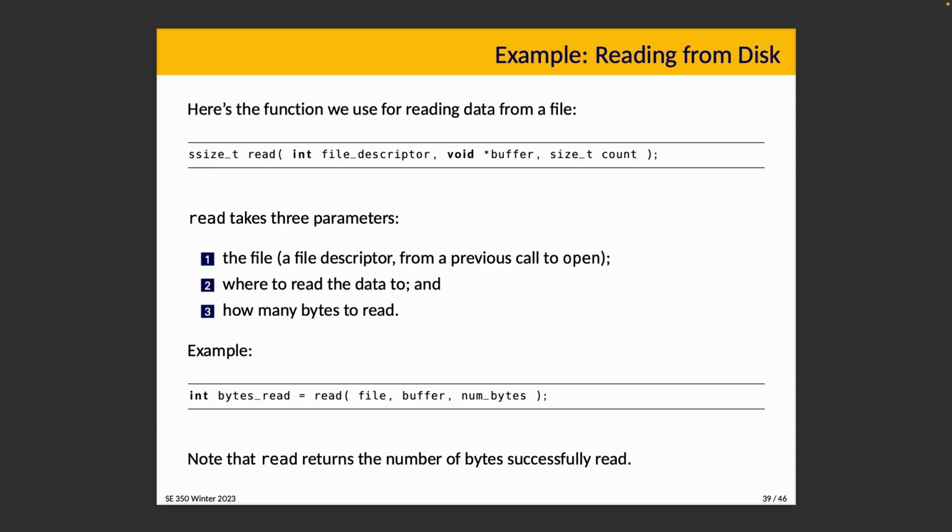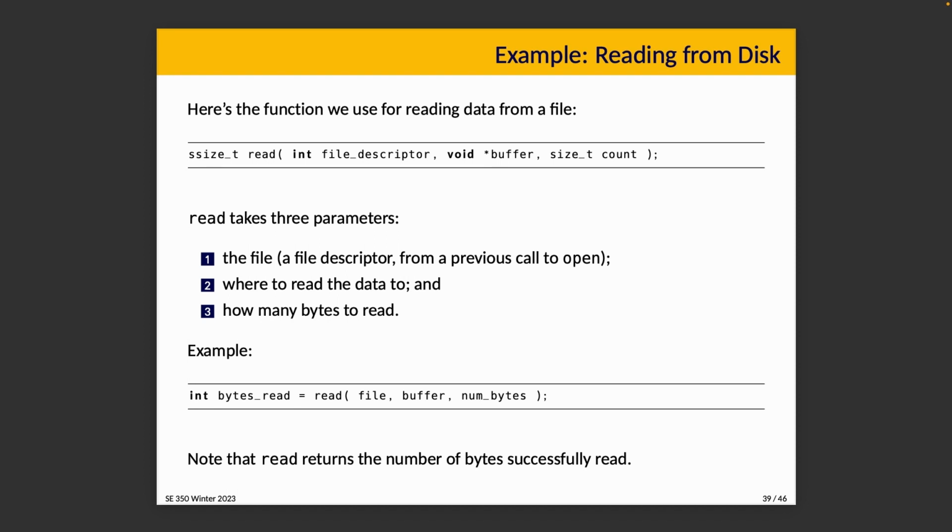Okay, so I would like to do a practical example of reading from disk in a Unix system call. The example is really easy. We're just reading some data from a file. The function provided here has the prototype read.